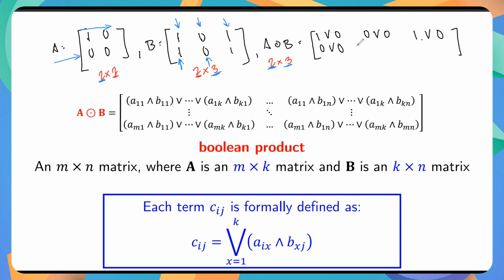So 0 and 0 is 0, 0 and 0 is also 0. Then for second row, third element, we have 0 and 1, which is 0, 0 and 1, 0. So OR them together, and when you apply the OR operations, you'll get 1, 0, 0, 0, 1, 0. So that is how a Boolean product works.